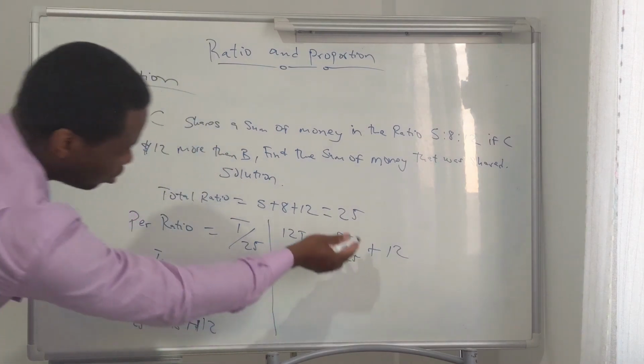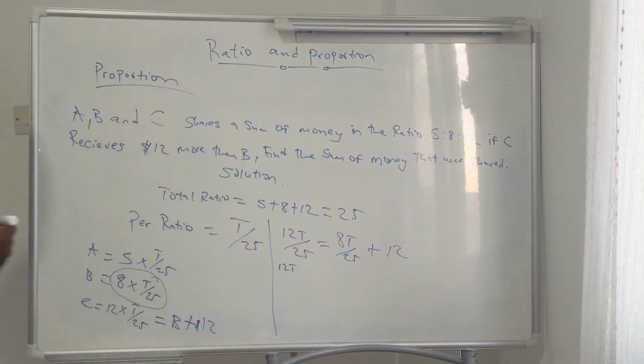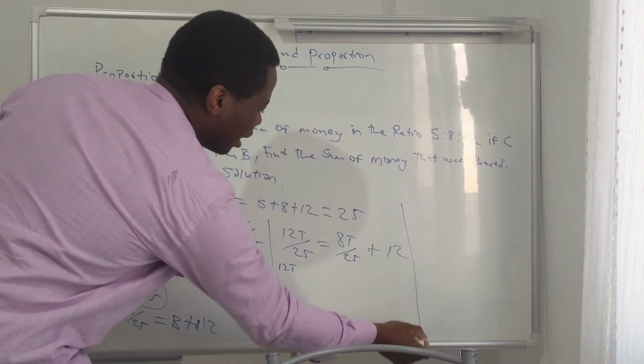Now bring this one over. We have 12T. I think I need to create space so that we'll be able to see it better. Okay, let me demarcate this over.